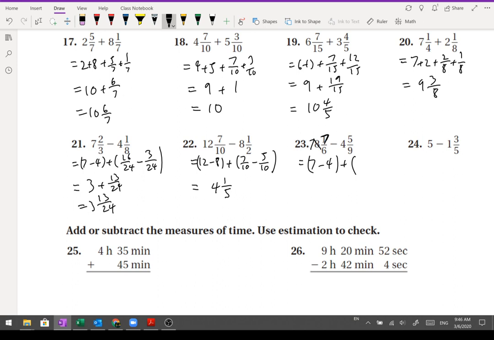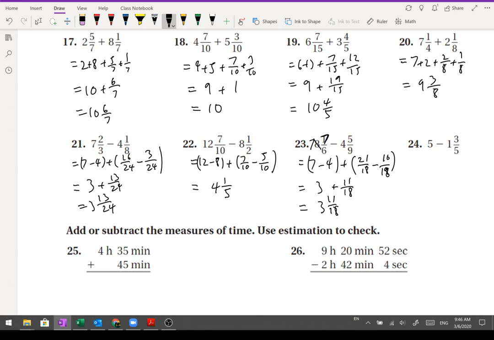So 6 times 3, 9 times 2. So times 3 will be 21 over 18 minus times 2, which is 10 over 18. So 7 minus 4 is 3, and the fraction part, 21 minus 10 is 11 over 18. So we have 3 and 11 over 18.